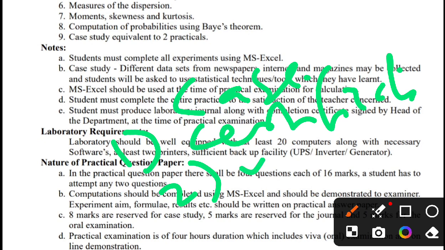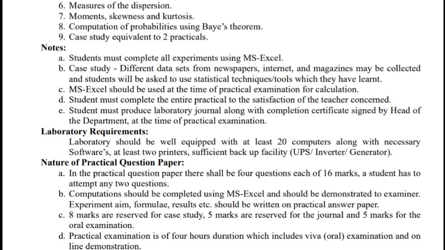The third and fourth pages are the case study report. Your report should be 4 to 5 pages, and you need to take the sign of the respective teacher on the case study report. That is also important, and the case study is of 8 marks.